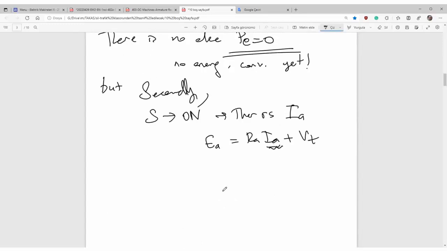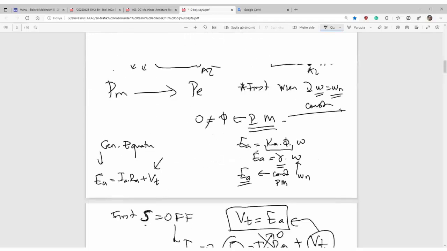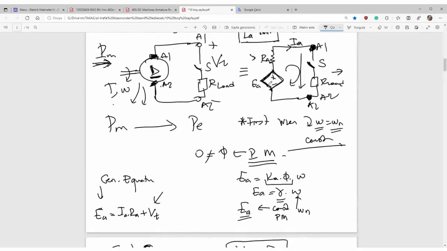The armature current is different than 0 due to the load and the EMF, because EMF forces the circuit to draw some current.